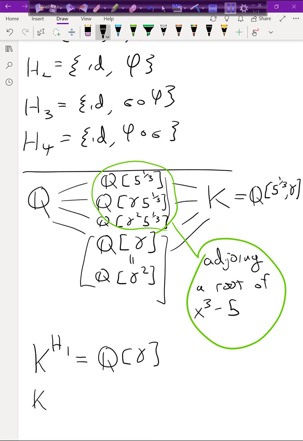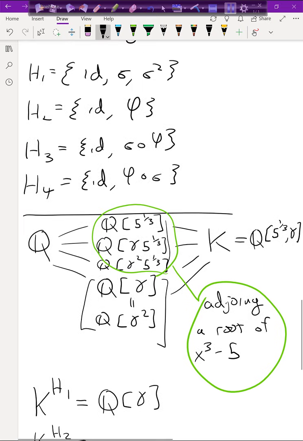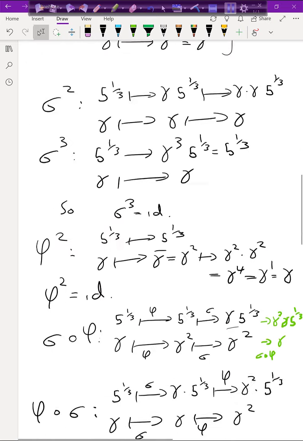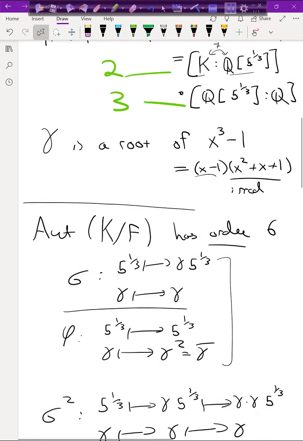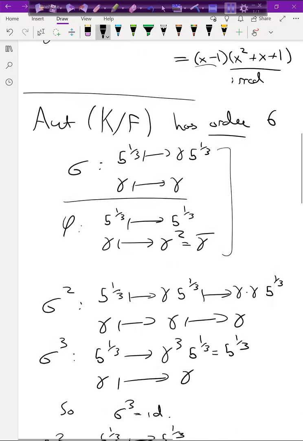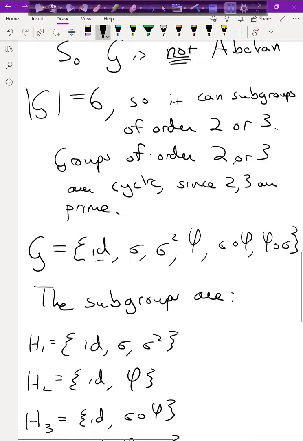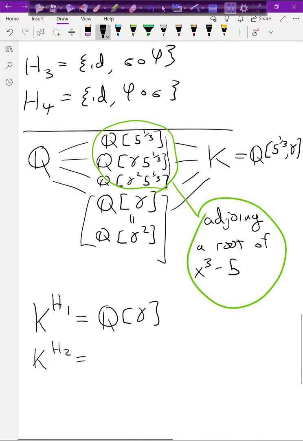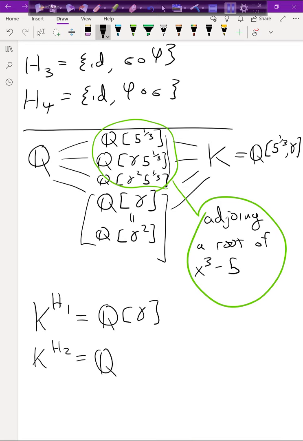Okay. Now let's look at KH2. KH2, we have to look at the things that are fixed by phi. And if you remember, if we flip back to our definition of phi, phi fixes 5 to the 1/3 and it messes with gamma. So I think we're going to get KH2 be Q adjoin 5 to the 1/3.